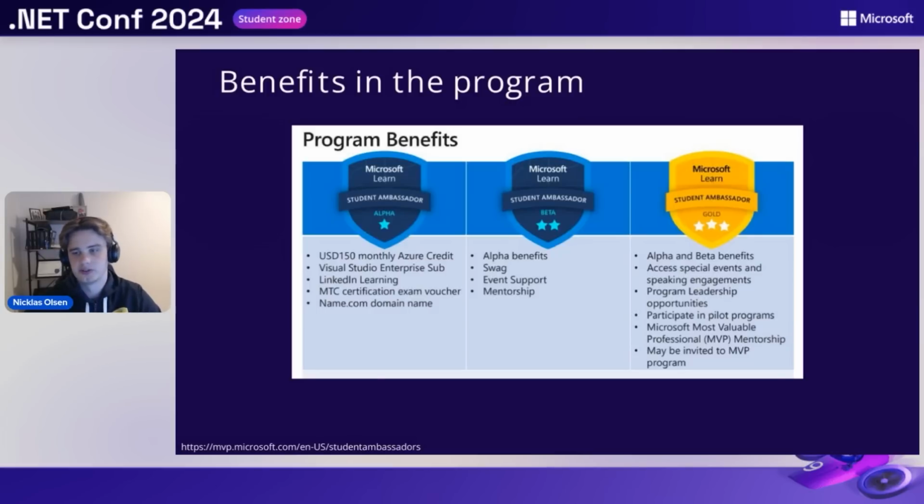You will get access to special events and speaking engagements, program leadership opportunities. You will also be able to participate in pilot programs, and get a very close mentorship with MVPs as well. And lastly, you might be invited to the MVP program.